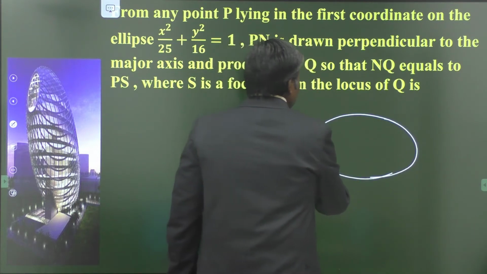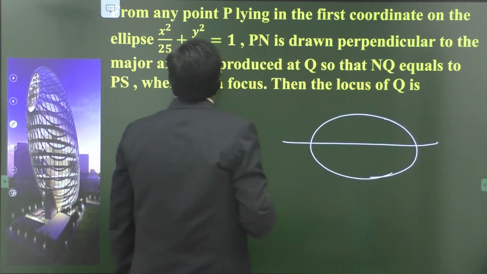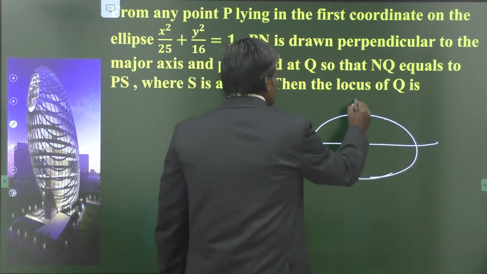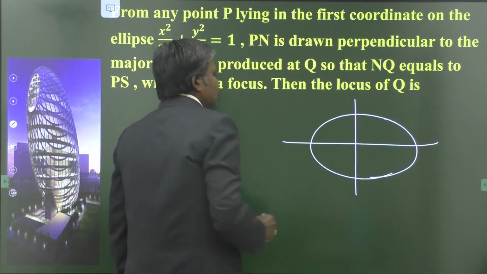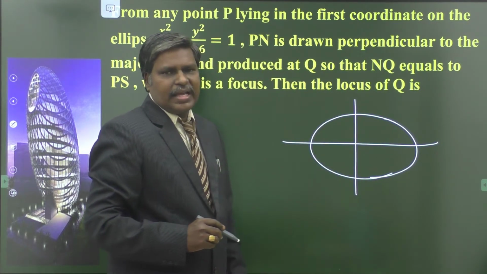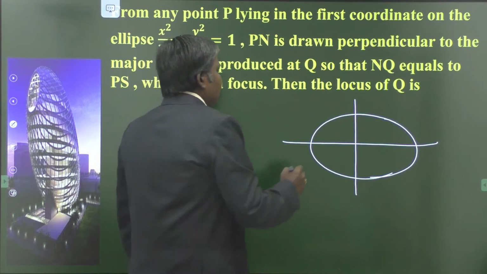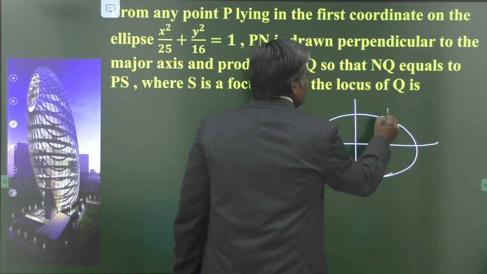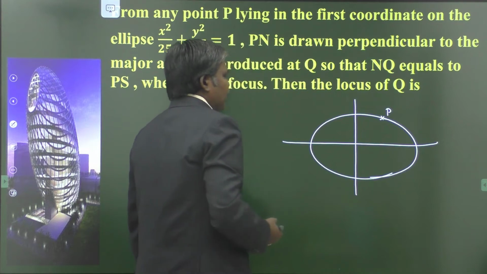This is your ellipse. Its equation is x square by 25 plus y square by 16 equal to 1. So major axis and minor axis are along the x and y axis respectively. P is any point on the ellipse which is in the first quadrant.